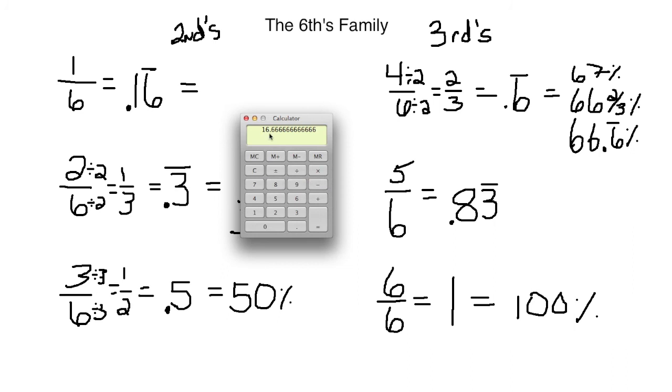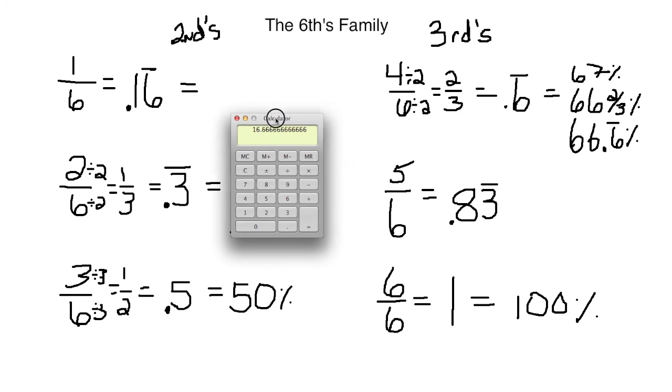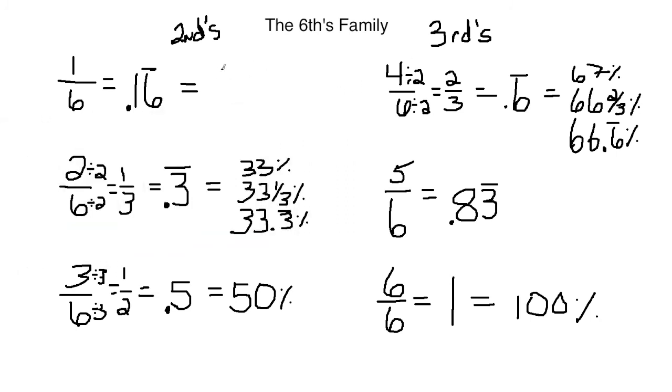So we have 16 and decimal with the 6's repeating. So if we're going to do a rounded percent, we underline the ones place, box the tens place. What does this 6 tell this 6 to do? It tells it to go up 1. So the answer is 17%.